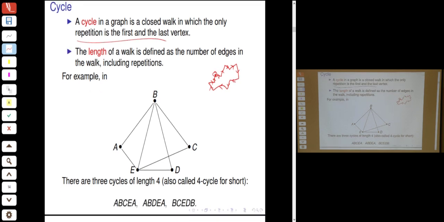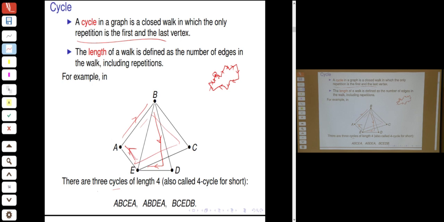So here, for example, in this graph, there are 3 cycles of length 4. One of them is A to B, B to D, D to E, E to A. Okay. Similarly, you can find other cycles.